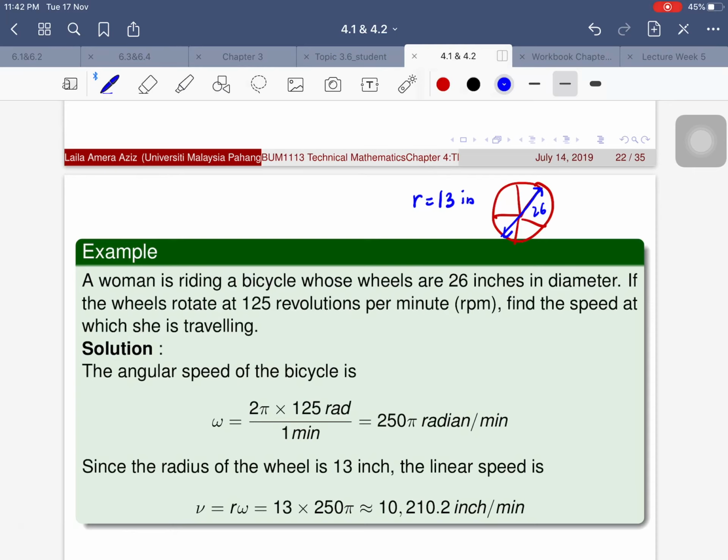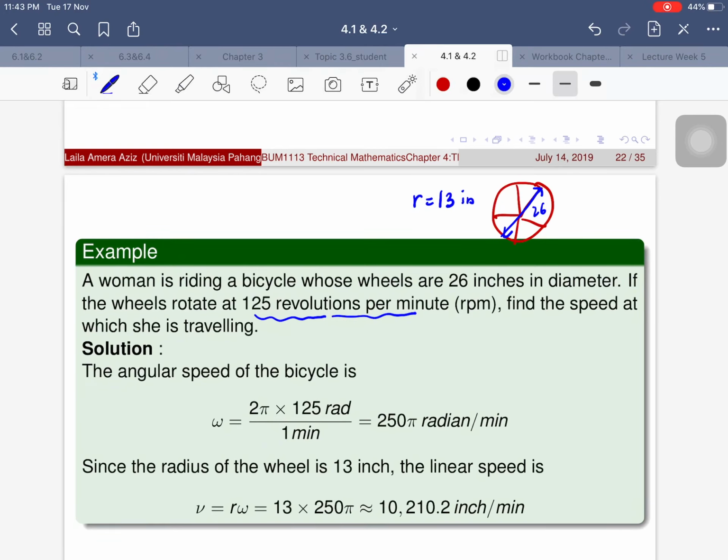If the wheels rotate at 125 revolutions per minute, so in 1 minute it rotates 125 times. It says find the speed at which she is traveling. For this case, we wanted to find the speed, which is going to be the linear velocity.